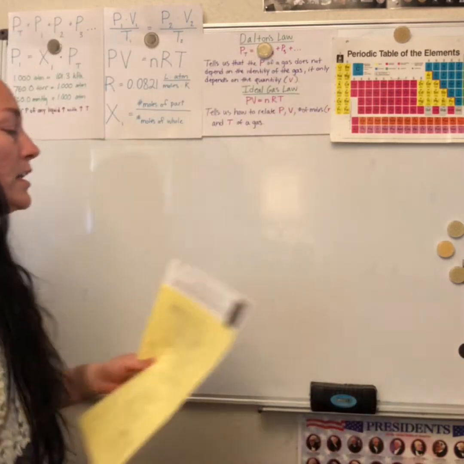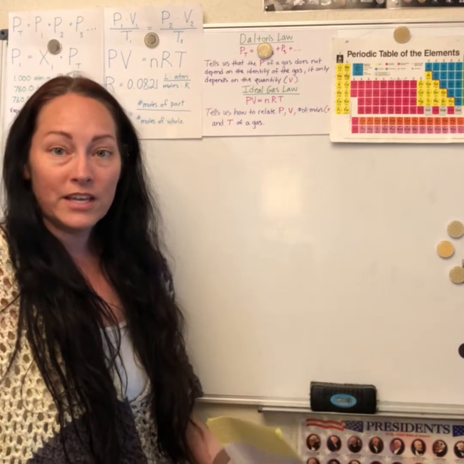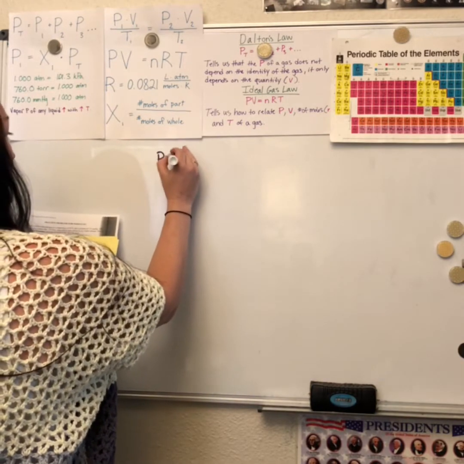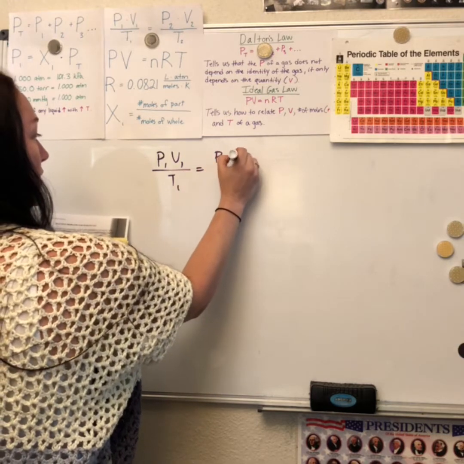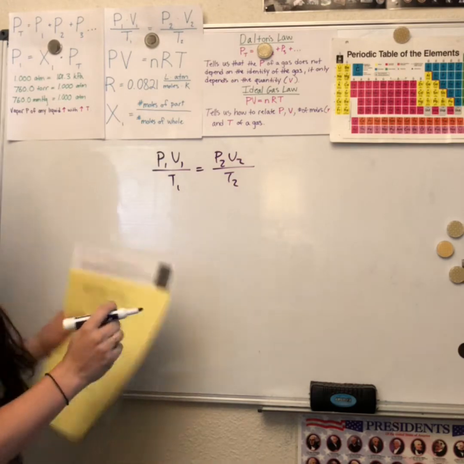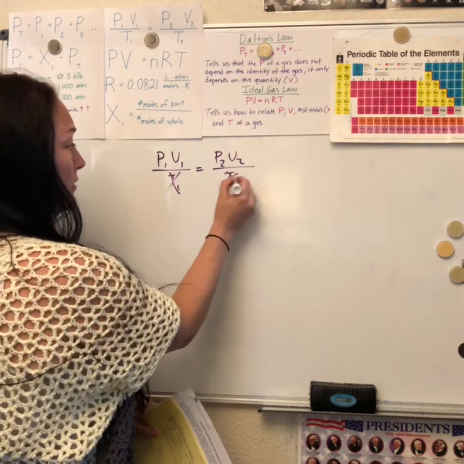So let's go ahead and list off to the side the different amounts that they give us, okay? First P1, V1 over T1, P2, V2 over T2, okay? Now, this one said assume the temperature stays the same, so we're not going to be dealing with that at all.